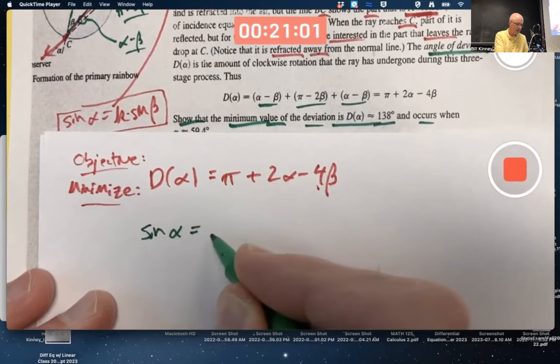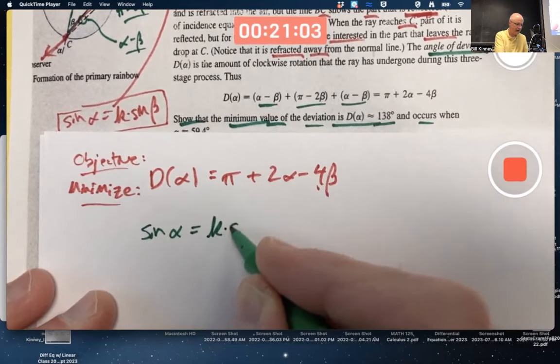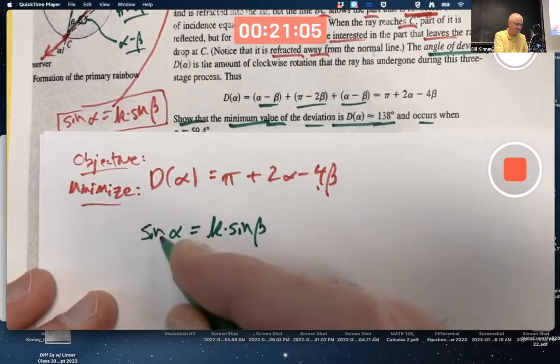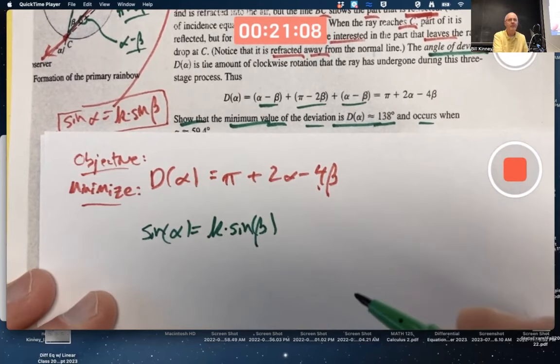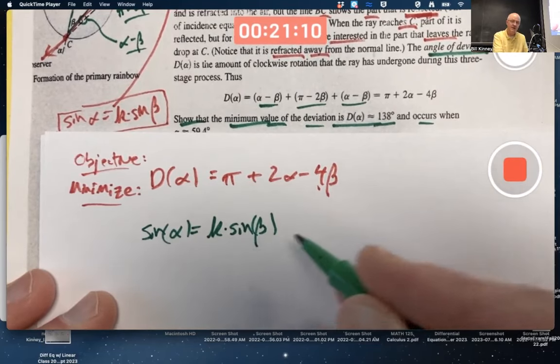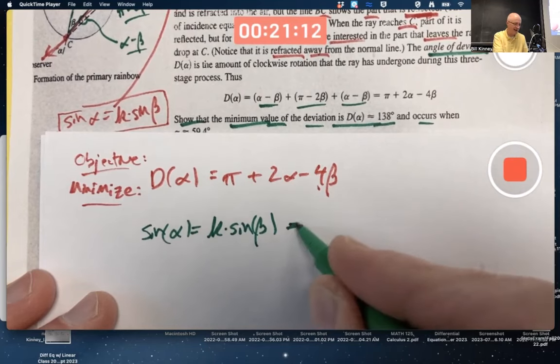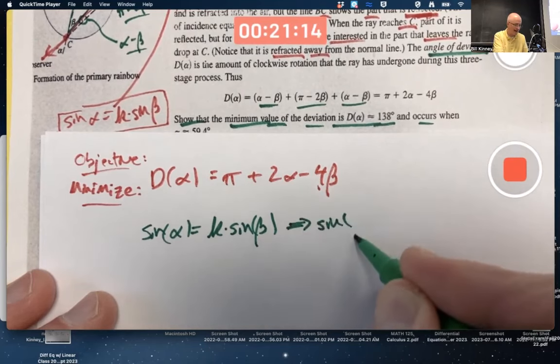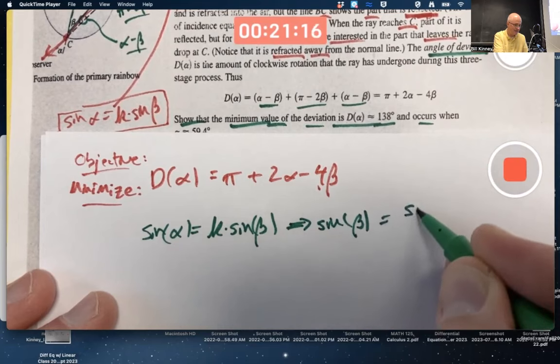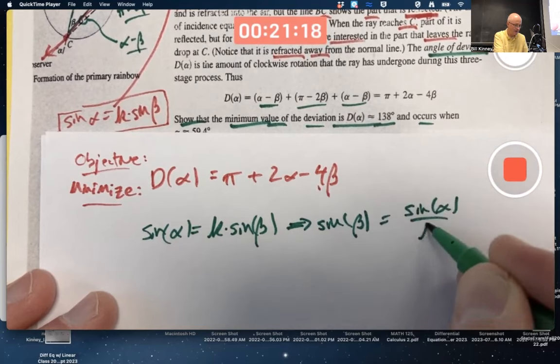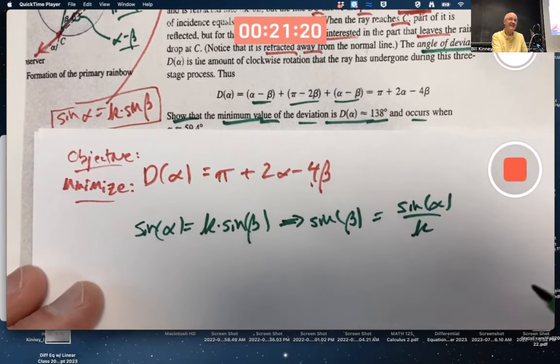Sine of alpha equals k times sine of beta. I'll put parentheses here now. I want to solve for beta. I guess I should divide both sides by k, and then take the inverse sine?